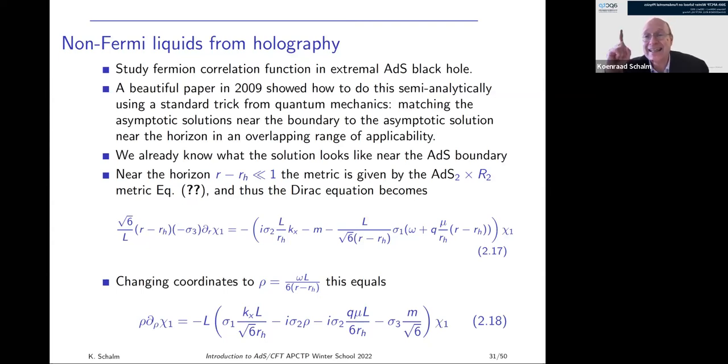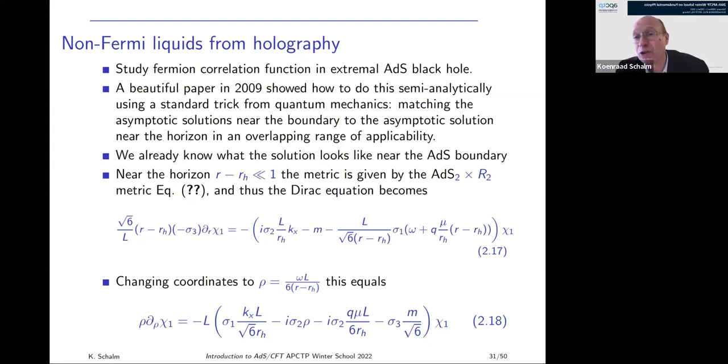The key thing that they realized is that if you're only interested in the low frequency solutions to the equations of motion, there's an overlapping regime of applicability between the asymptotic solution from the boundary end and the asymptotic solution from the horizon end. And therefore, you can match the solutions in this overlapping region where both approximations are valid, and then get an approximation for the exact solution semi-analytically.